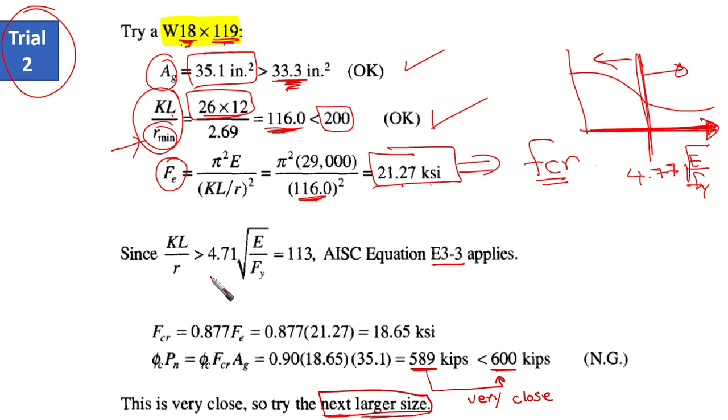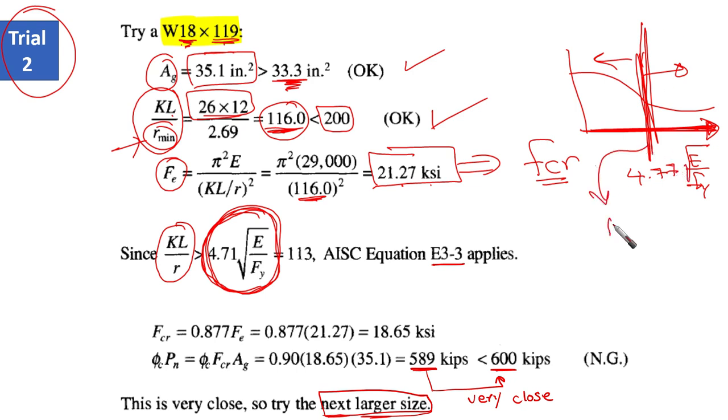Our KL over R is larger, because we already have 116 here. The limit between elastic and inelastic we found was 113 from the previous calculation. So our equation is on the right side, which is elastic buckling.